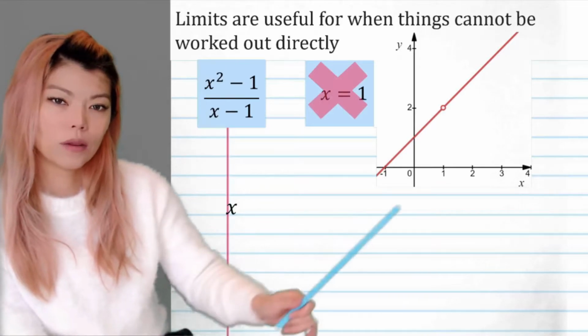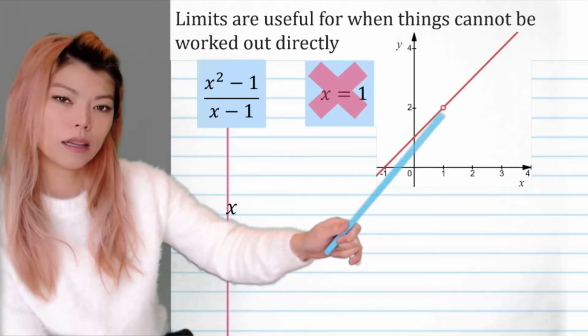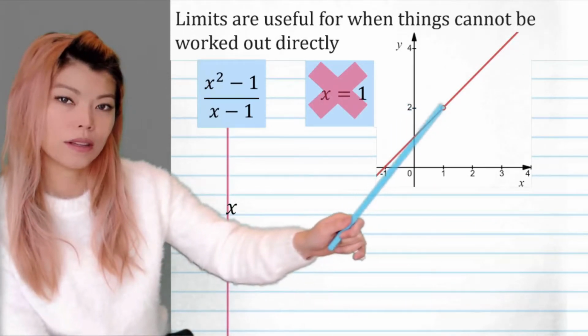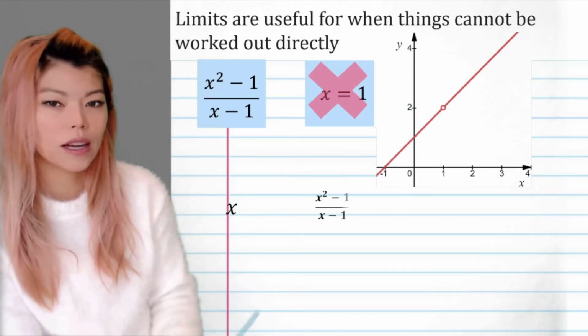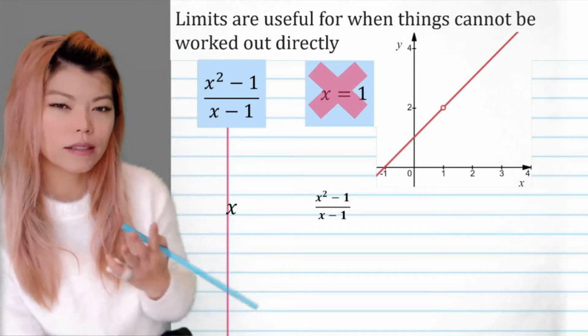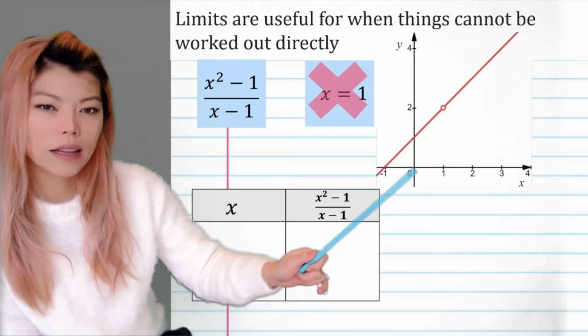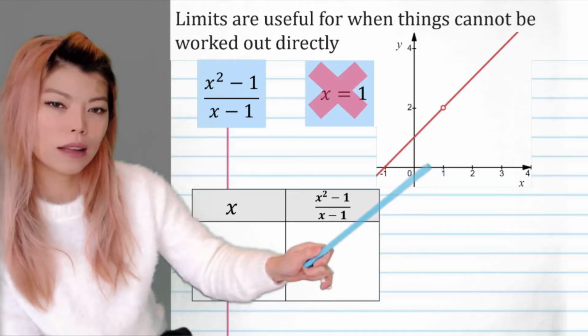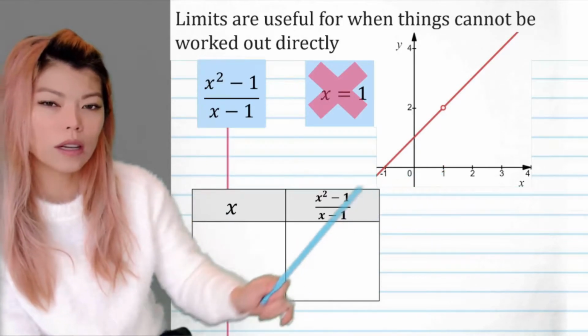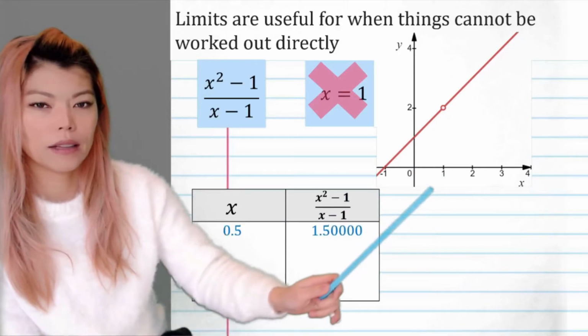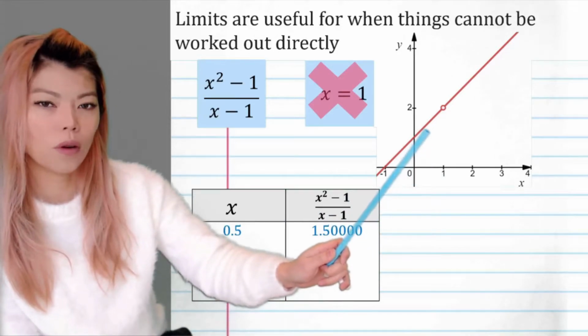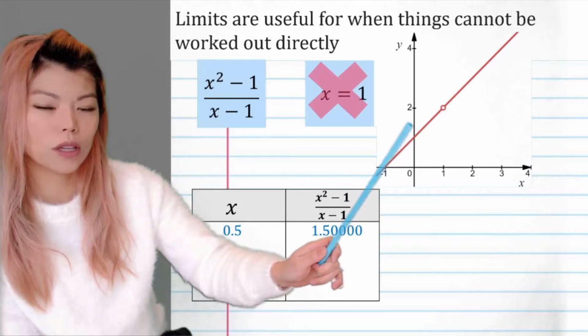So how can we see that the limit is approaching a value? We can see from the graph it's 2, but how can you actually understand that? So we can pick different values that are closer and closer to 1. For example, we can pick x equals 0.5 and figure out what our y value is, which is 1.5.